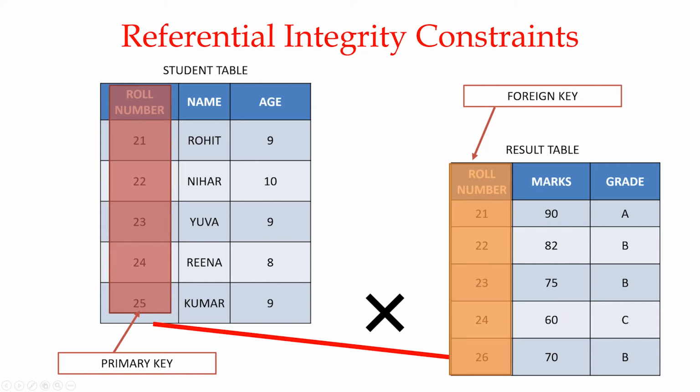So, this is violating the rule, or wrong information has been entered. In order to prevent this, we go for referential integrity constraints. Integrity means ensuring accuracy and consistency of data in the tables.